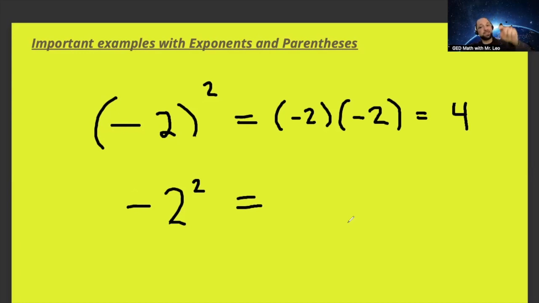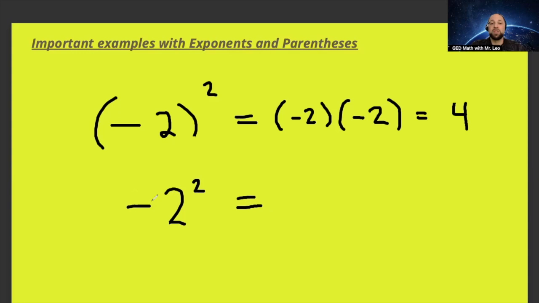You might not like this, but the next one is different. Here's how it works. This is a language thing. We have to understand the language of math. The way this math works is this exponent is only touching the number 2. It's not actually reaching the negative sign. If you wanted the exponent to cover the negative sign, you would need to use the parentheses like the first one.